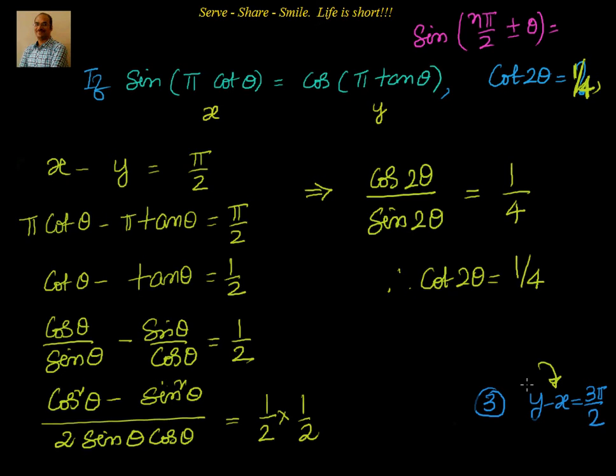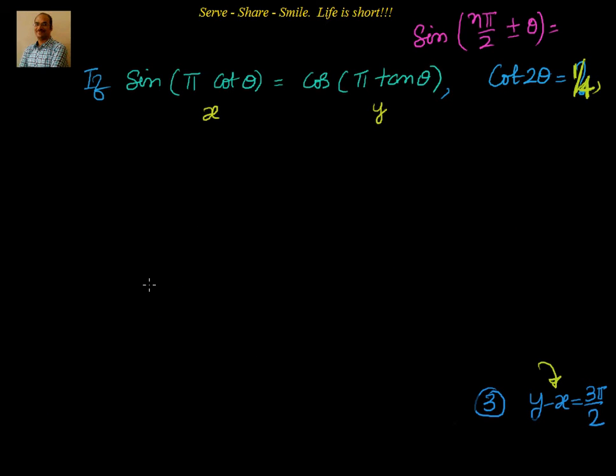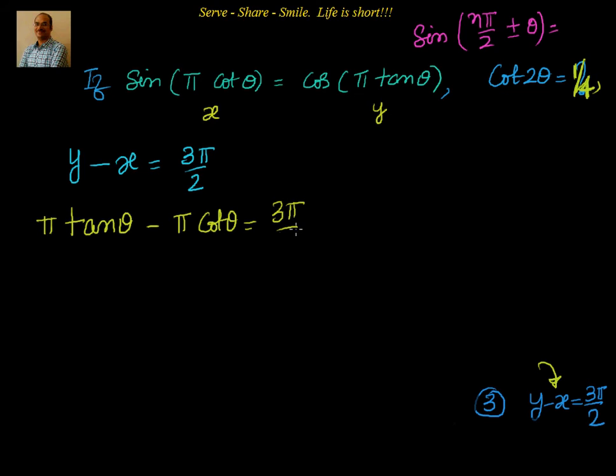Let's go to the next condition. Our next condition is y minus x equal to 3 pi by 2. So let's go ahead. We know y equal to pi tan theta, minus x is pi cot theta, equal to 3 pi by 2, divided with pi.